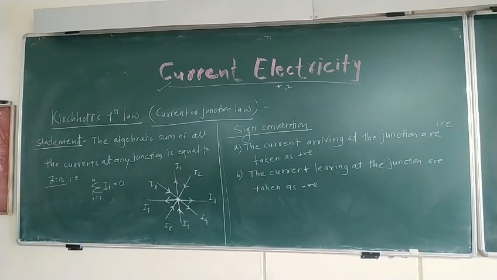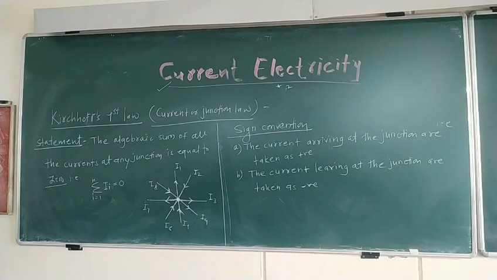Here we have to see what is meant by the statement of Kirchhoff's first law. It is also called the current law, or the junction law. The statement is that the algebraic sum of all the currents at any junction is equal to 0.